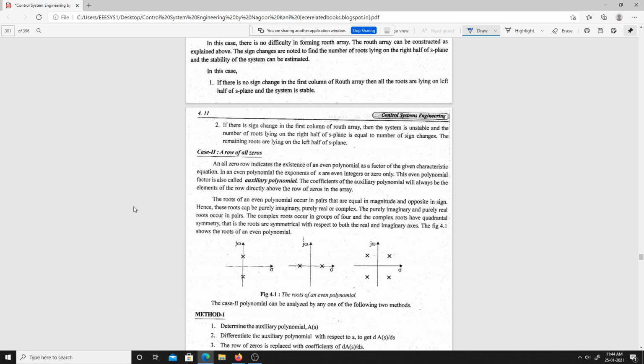In the even polynomial, the exponents of s are even integers or 0 only. The even polynomial factor is also called the auxiliary polynomial. The coefficients of the auxiliary polynomial will always be the elements of the row directly above the row of zeros in the array.